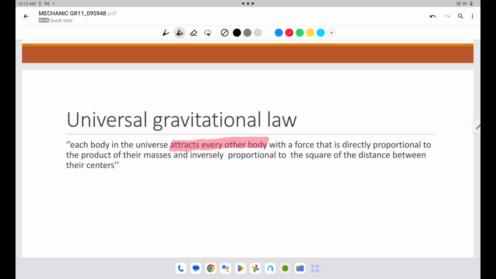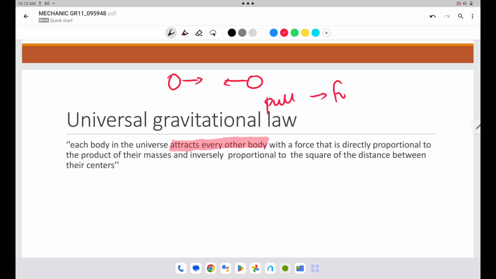If you have two objects and they are attracting each other, to attract means they are pulling each other. And when we talk about a pull, remember a pull is a force. So what this part means is each body in the universe applies a force on every other body, so it attracts every other body with a force.